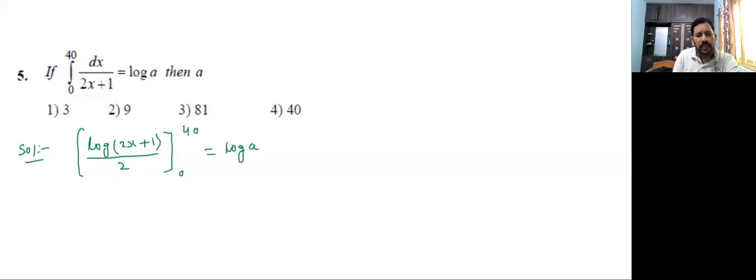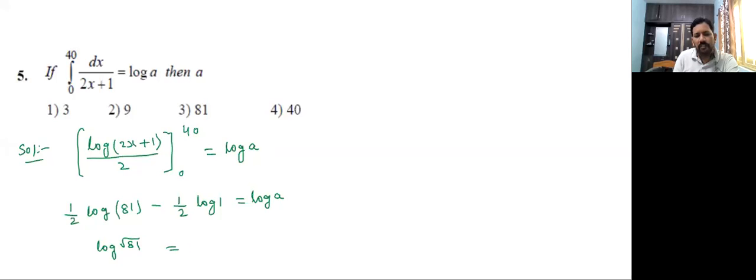Now substitute the limits. 1 by 2 into logarithm of the upper limit. Here will come 40 into 2, 80, 80 plus 1, 81, minus 1 by 2 into, you will get log 1. Students, what is the log 1 value? 0. And 1 by 2 sent to the power, we will get 81 power 1 by 2, or root 81.